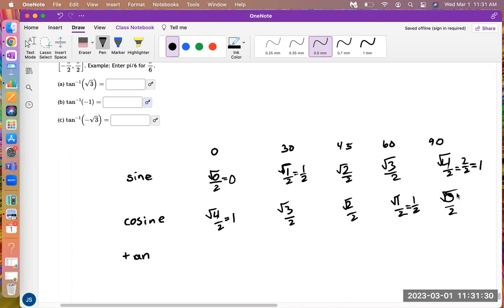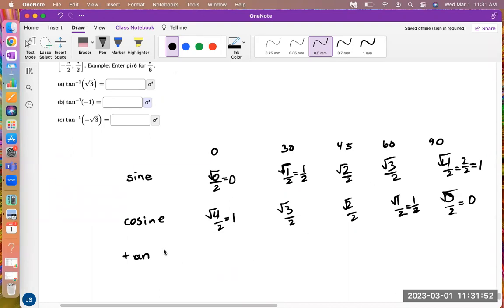And cosine of 90 degrees is the square root of 0 over 2, which is 0. So I quickly was able to draw out this chart, and now I can look at these and have a little bit of them memorized.